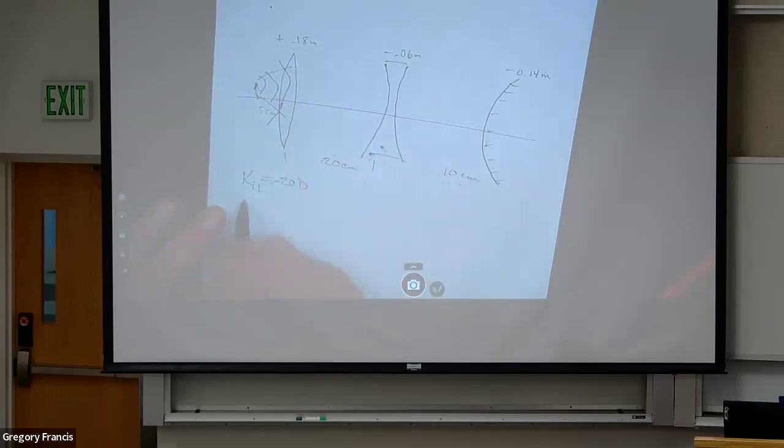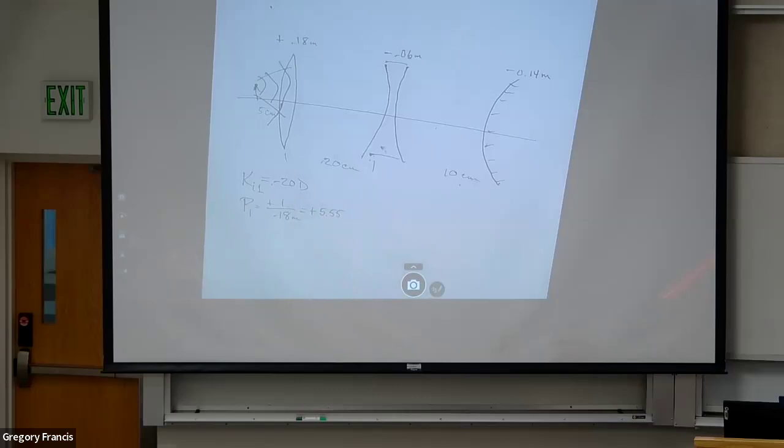And then the power of that first lens is going to be a positive 1 over 0.18 meters. And so again, that 1 over is my best friend. And that's going to be equal to a positive 5.55.